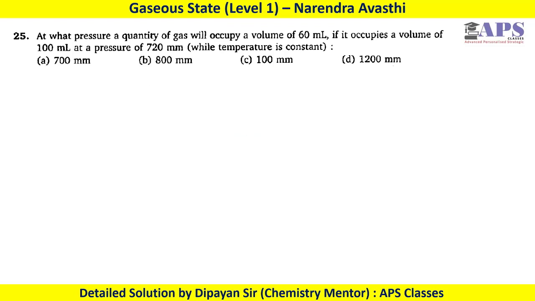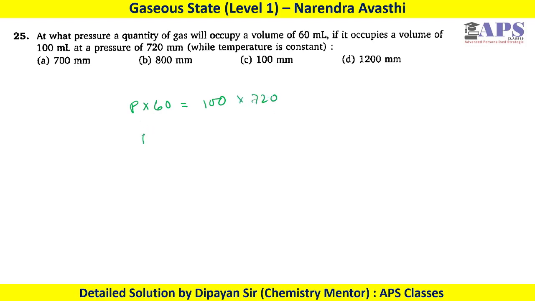In question number 25, at what pressure will a quantity of gas occupy a volume of 60 ml if it occupies a volume of 100 ml at a pressure of 720 millimeter of Hg, while temperature is constant. For this kind of question we can write P multiplied by 60 ml of volume equals the initial volume, 100 ml, and pressure, 720 mm of Hg.